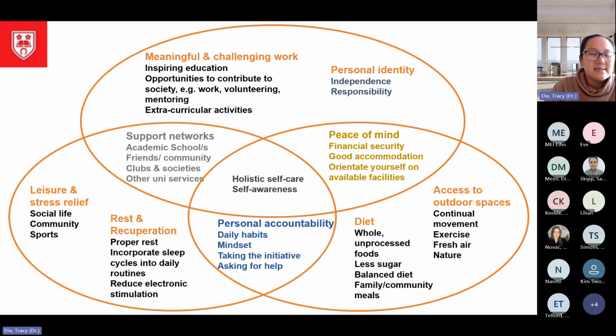Things like personal identity, how meaningful and challenging work could feed into your sense of self, and then the restful side of things. As you're working through an activity like this, you may find that the themes that come up are different for you because we all approach things differently, and that's absolutely fine. This is just my own example.